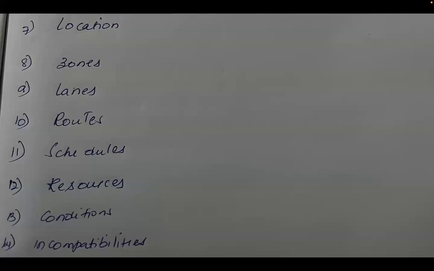And lastly, we have incompatibilities, which talk about the restrictions or constraints that prohibit a few combinations of goods, modes, or resources which are not permitted. So these are the list of master data we have in TM, and going forward, we are going to explore all of them in detail.